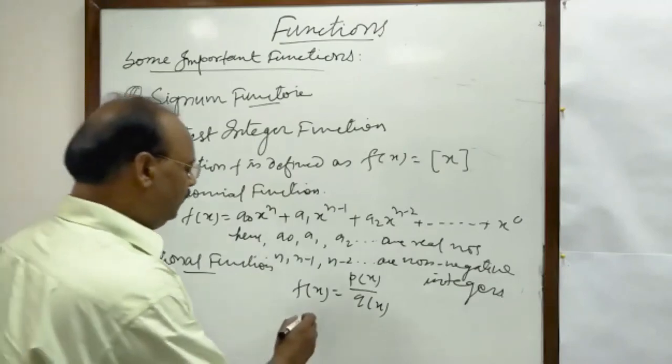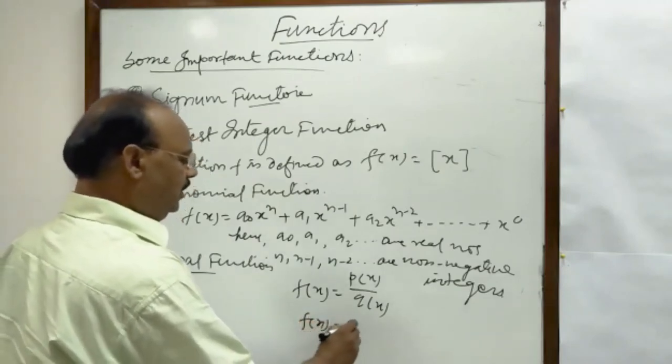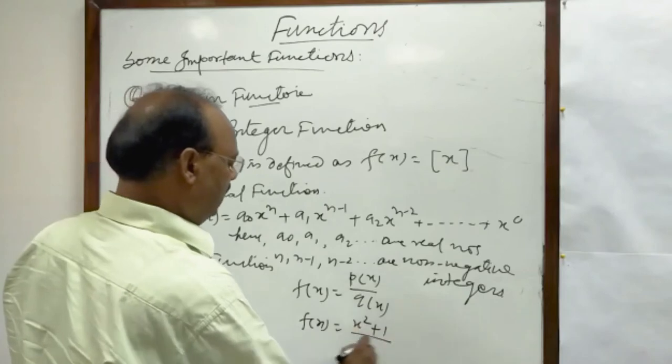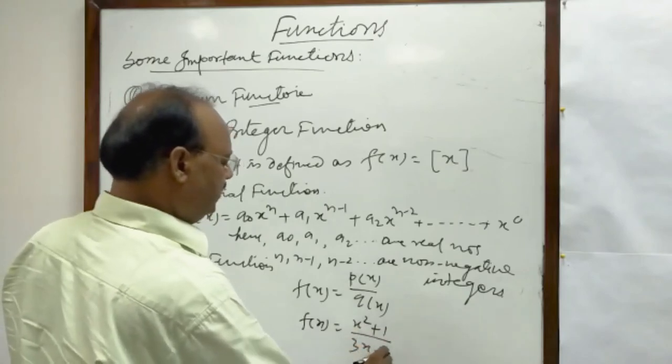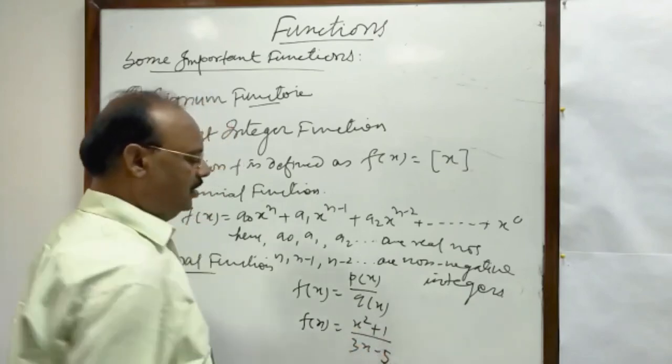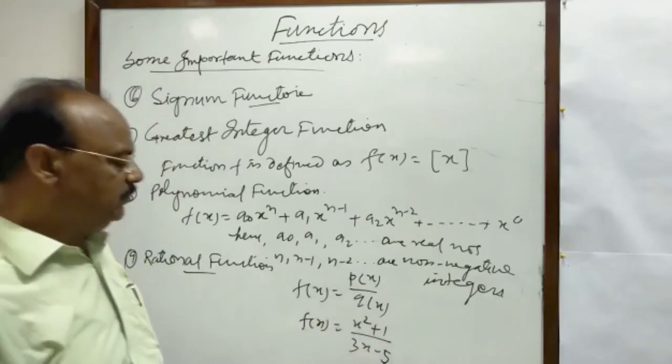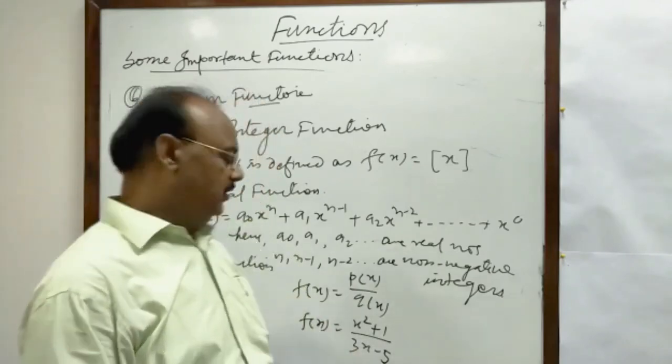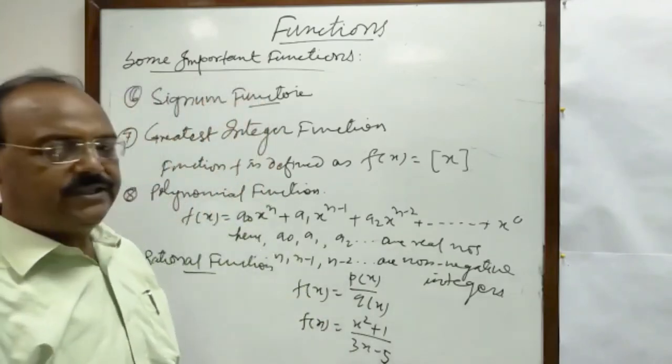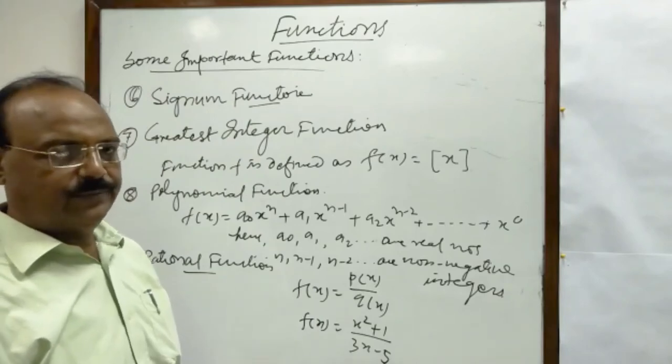As for example, here f(x) is, suppose, x square plus 1 upon 3x minus 5. Here numerator and denominator both are polynomials, so this function is known as a rational function.